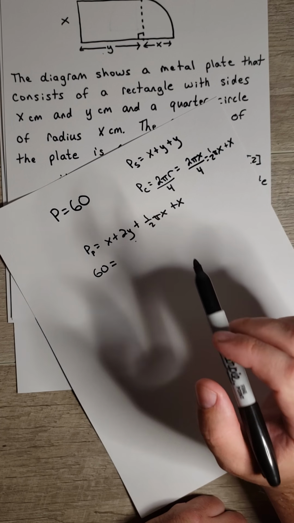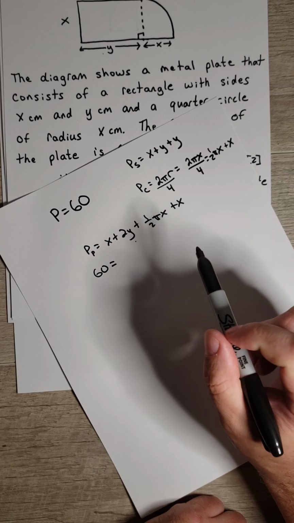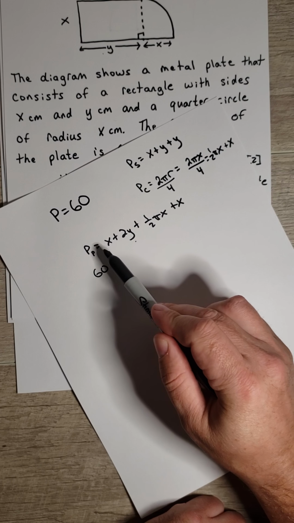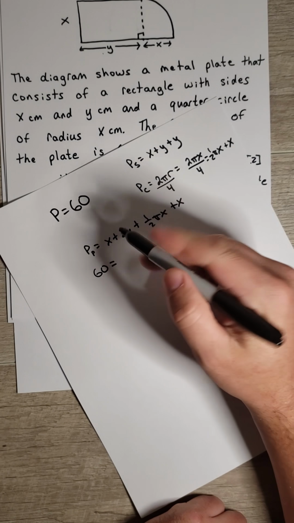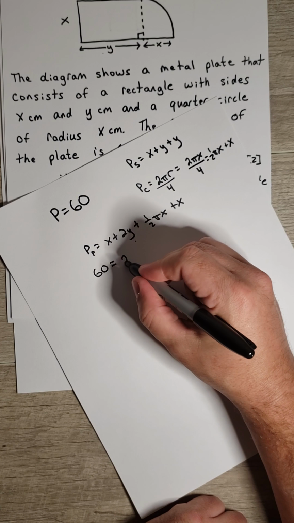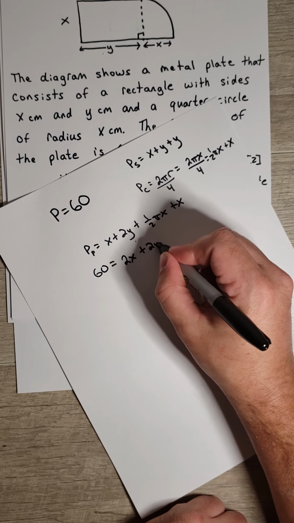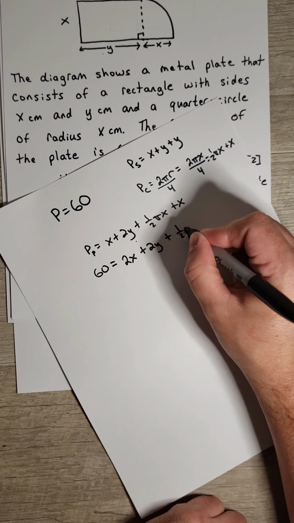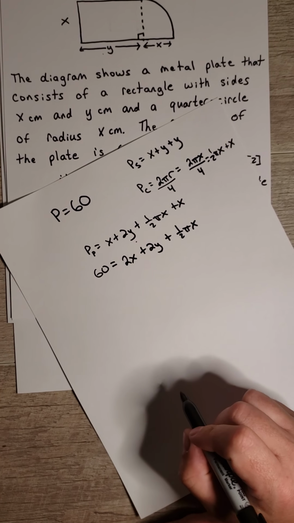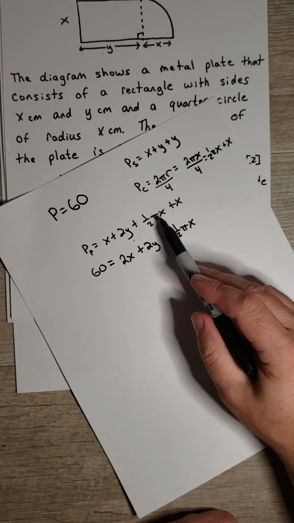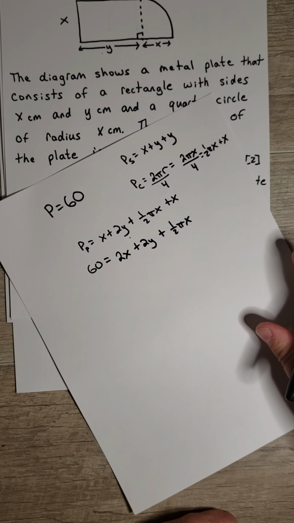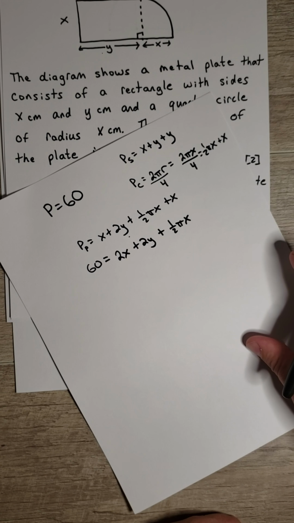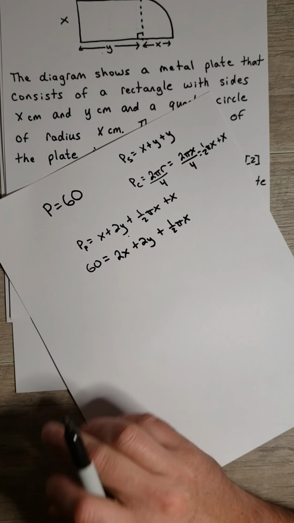We have 2y plus x plus 1/2 pi x plus x. We combine the x's, so we get 2x plus 2y plus 1/2 pi x. I can't combine the pi x term with these x's because it has the pi with it. So I set that equal to 60.